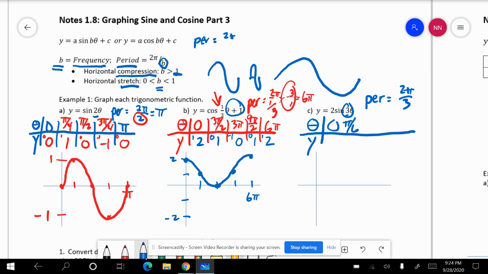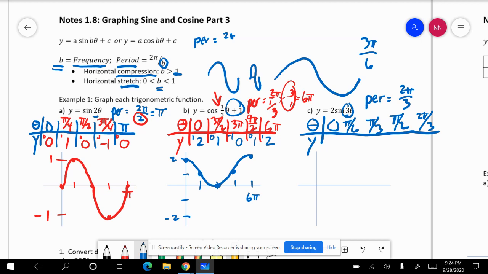Then pi becomes pi over 3. And 3 pi over 2 becomes 3 pi over 6, which reduces to pi halves. And then, of course, ending at 2 pi over 3.